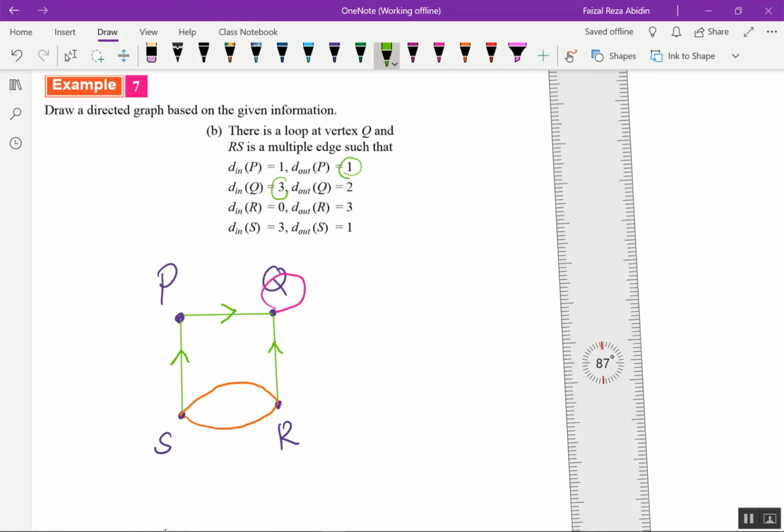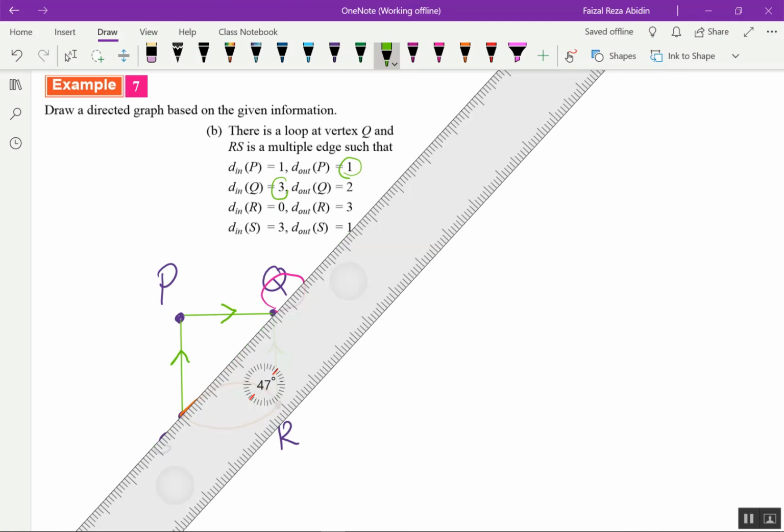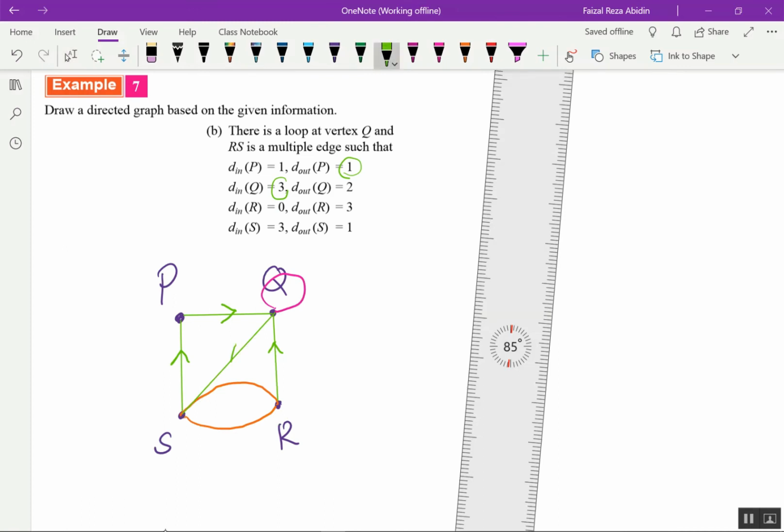One more, okay, this one connected between the edge between P and R cannot, because this one involved in already for our vertex Q, right? So we have one more vertex, which is vertex S. Connected from, so this one is out from Q. So we just put arrow of the direction like that.